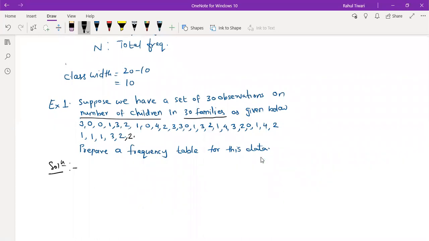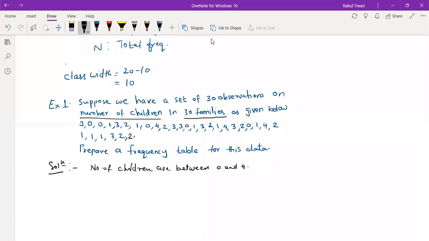The number of children is between 0 and 4, so you can count this data, right?